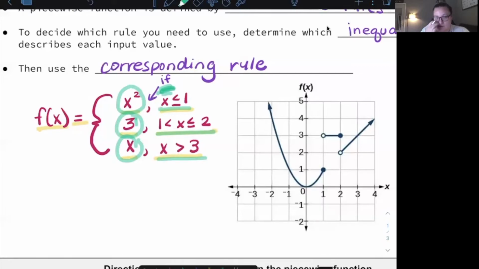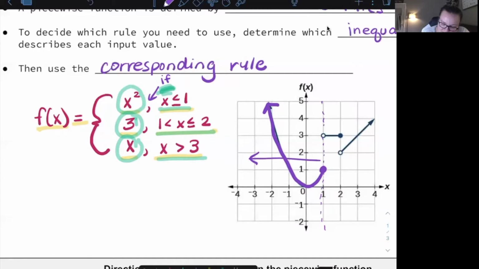So let's see how that corresponds to each of these graphs. Well, you can see that our parabola, the graph of f of x equals x squared, starts at this 1 with a closed circle, which means 1's included, and then it goes off towards the negative infinity direction for x, which means it starts with these x values of 1, and then we only include the part of the graph that's less than or equal to 1.